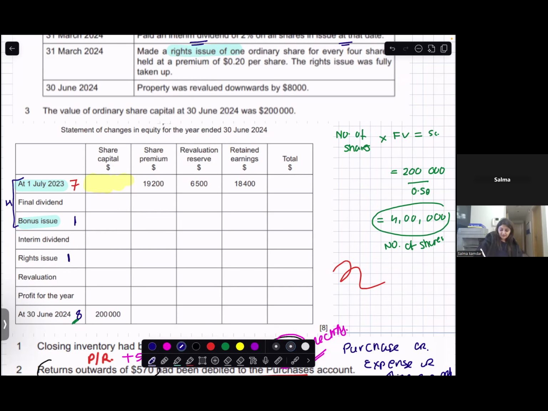So if I go and erase all this for my bonus, I know that after my right issue is 1 share for every 4 held. 4 includes my opening and bonus. So my total number of shares after the right issue would represent 5.